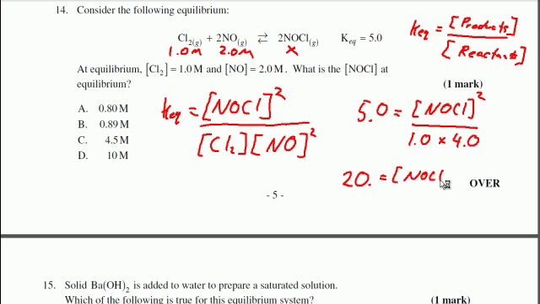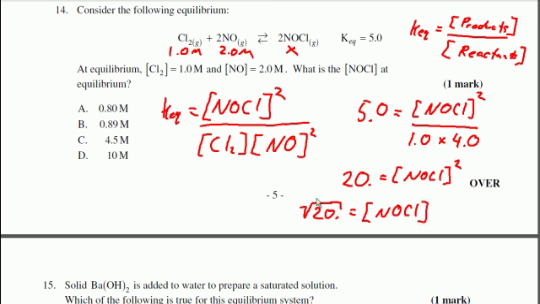the concentration of NOCl squared. Take the square root of both sides, which equals the concentration of NOCl.